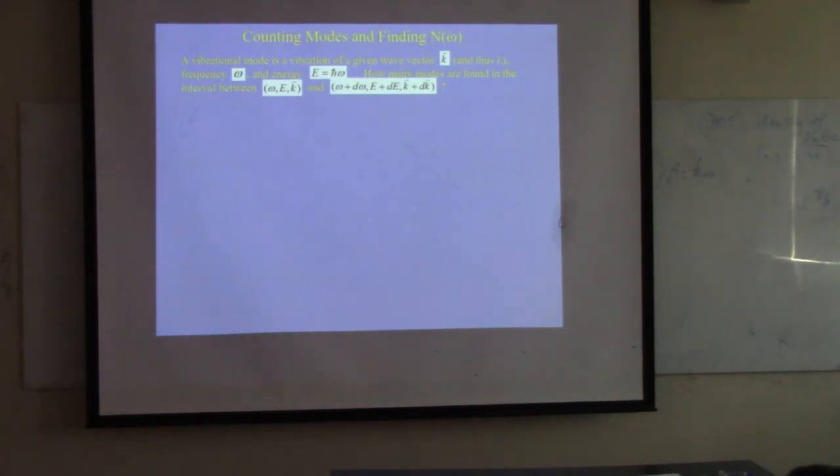So that means if the modes are, say, dN, you can write that as N(omega) times d omega, or N(E) dE, or N(k) dk. Actually, that depends on the dimensionality of k. I will show how to do that.